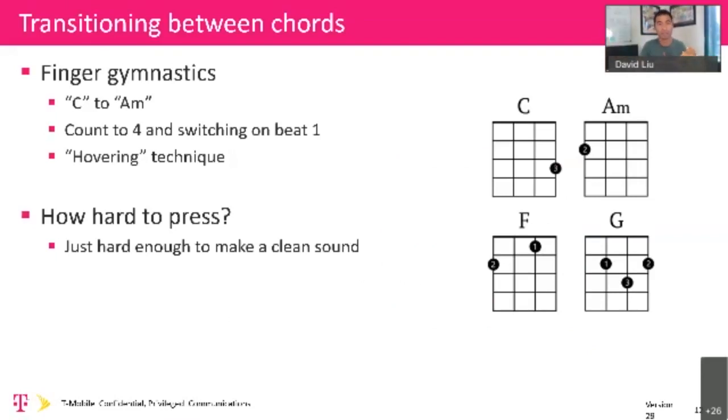Within that, we have this hovering technique, which, if you're going from, say, a C to an A minor, back to a C, I don't know if you can see me. I'm going to take myself off the sharing mode maybe.